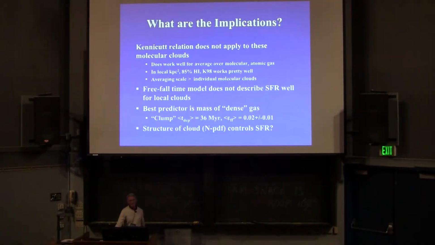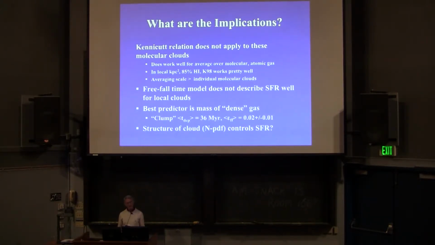Okay, so what are the implications? The Kennicutt relation doesn't apply to individual molecular clouds. These are the molecular clouds near us, so they may not be typical of the whole galaxy. One side note is that if you take all of the gas, atomic and molecular, within the local square kiloparsec, which is mostly HI and not active in star formation, and you compare that to the total star formation in this volume, you get something pretty close to the Kennicutt-Schmidt relation.